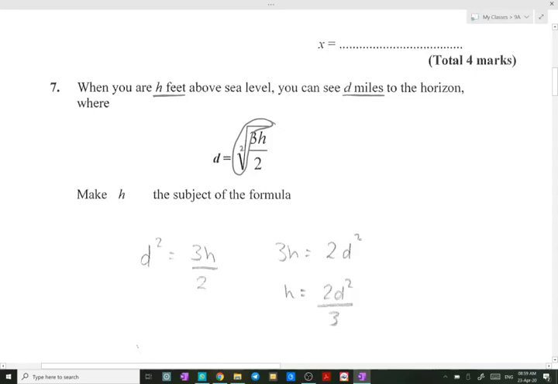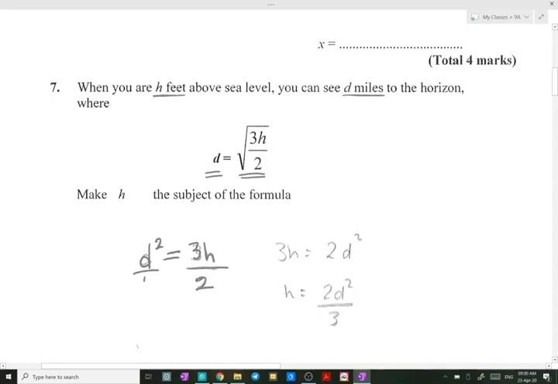When you square it, you get rid of it, because you would be squaring everything inside. But whatever you do to one side, you have to do to the other. Therefore, d squared equals 3h over 2.